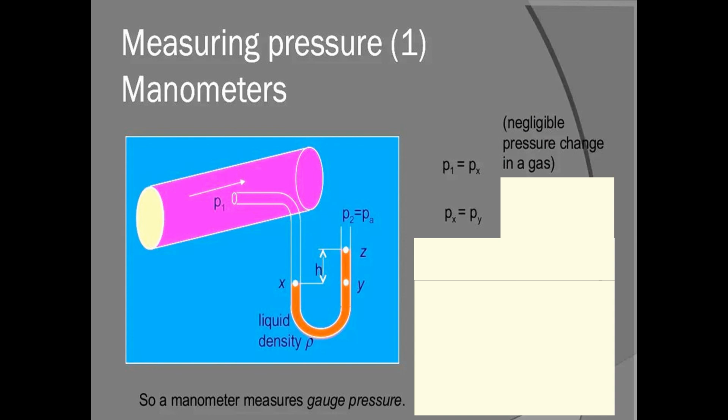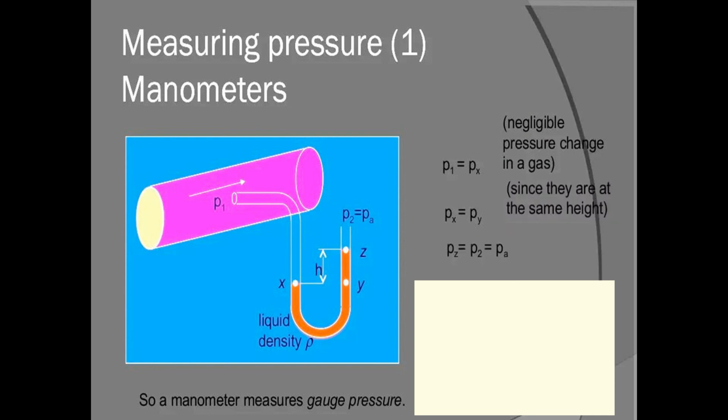And now, Px is equal to Py since they are in the same elevation with the same liquid. We can also say that Pz is equal to P2 is equal to the atmospheric pressure since it is open.